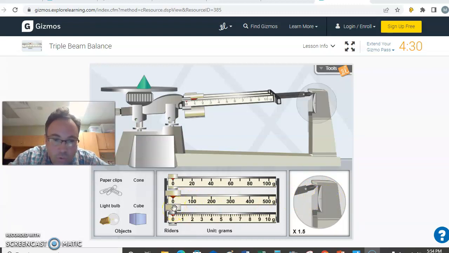We start with the hundreds place, so we switch it to the 100. We see that this line right here is still above that 0, so we know that this cone weighs above 100. Now we're going to go to 200. Again, still above that line, so we know that this cone weighs more than 200. 300, we know it's more. 400, we know it's more.